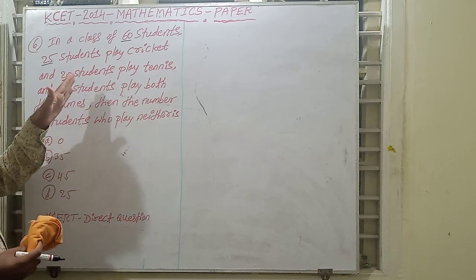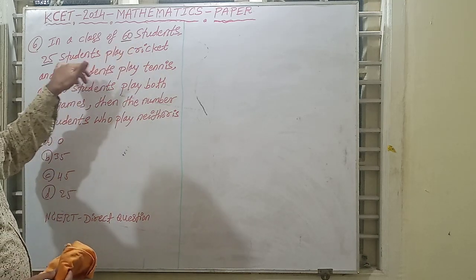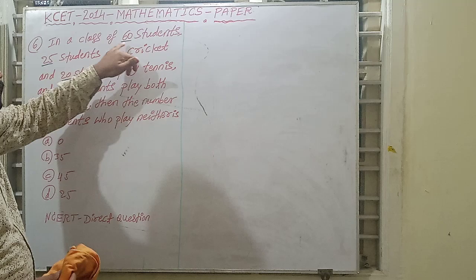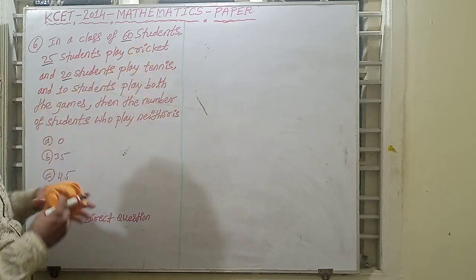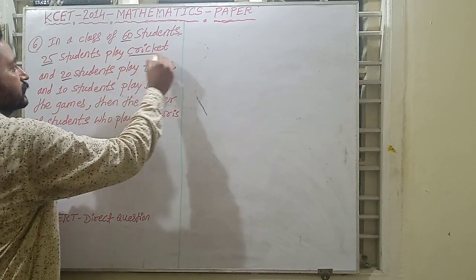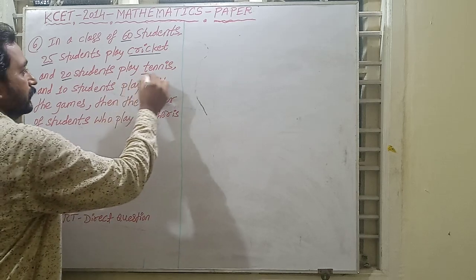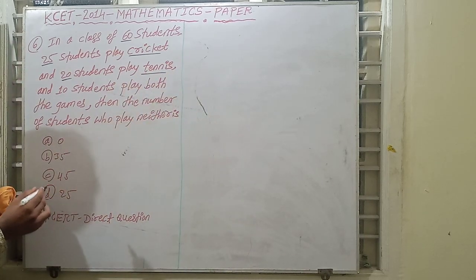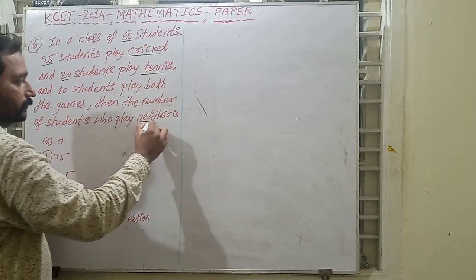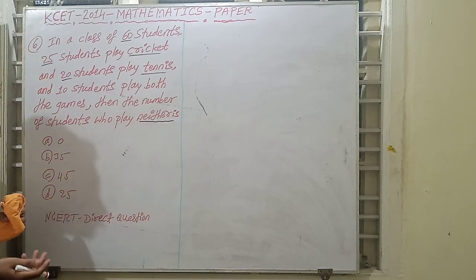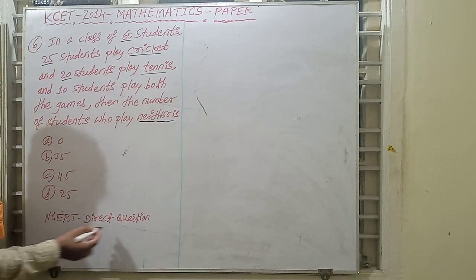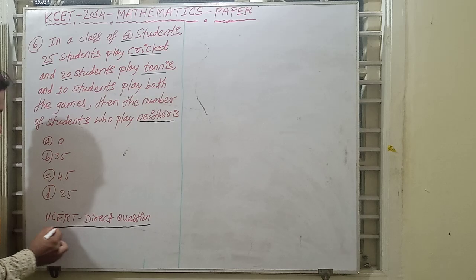Take cricket as C and tennis as T. We have to find C union T whole complement, neither. This is an NCERT direct question.